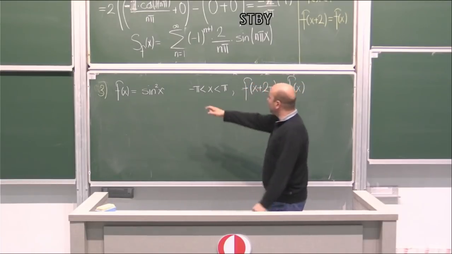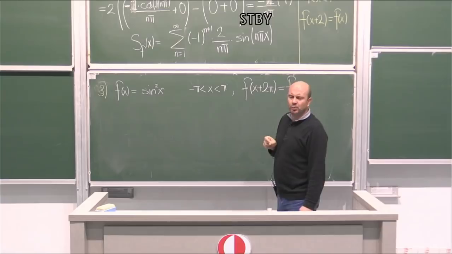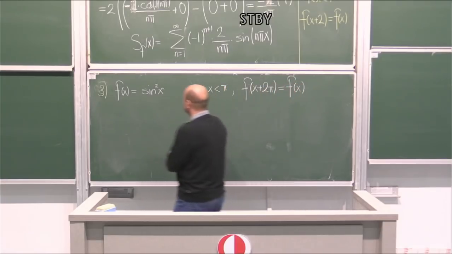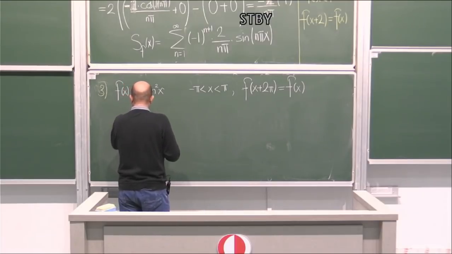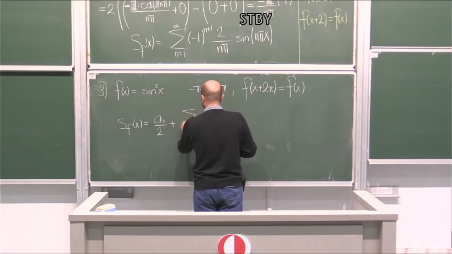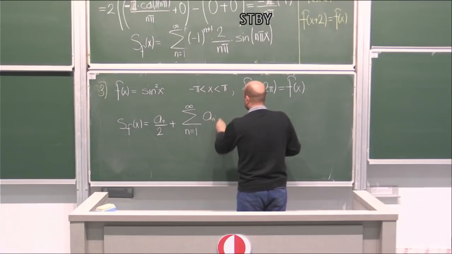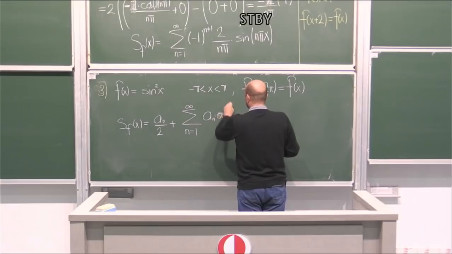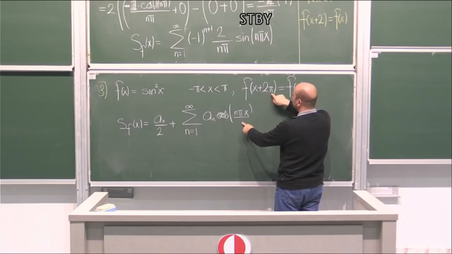So now I want to express this function as a Fourier series. How will be the form of the Fourier series? If you want to write this Fourier series, it will be of the following form: a0 over 2 plus the sum n from 1 to infinity of an cosine n pi x divided by L. But what is L in our case? L is exactly half of the period, which is pi.